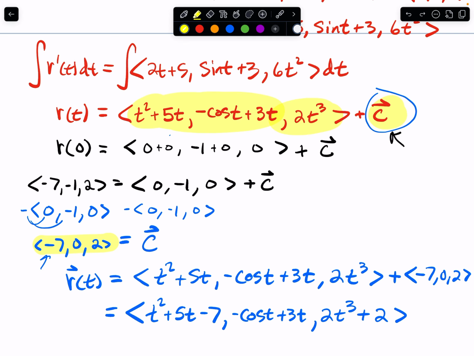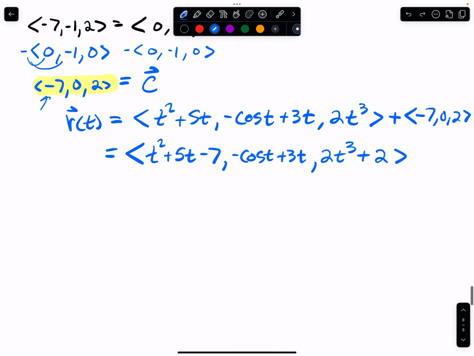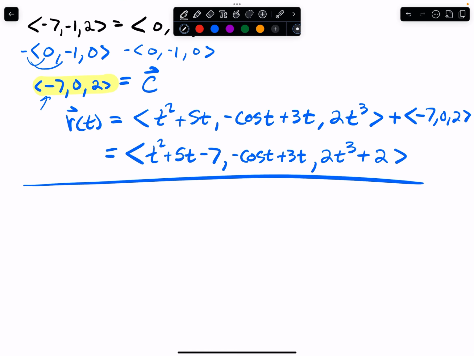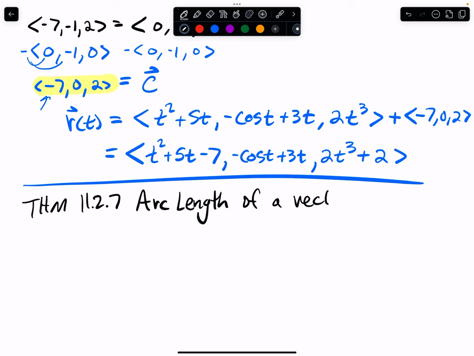The last thing I want to talk about in 11.2 is arc length, okay? So arc length, theorem 11.2.7, arc length of a vector valued function.